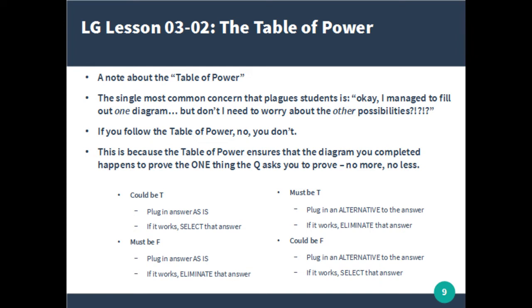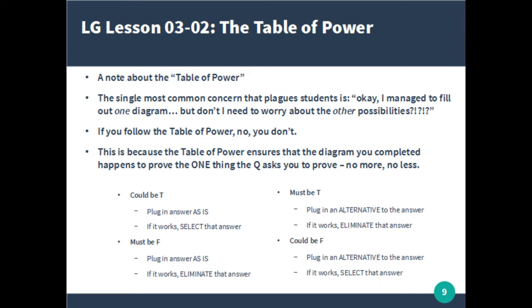Is there another possibility that I need to try? But anytime you manage to complete a diagram using the table of power, which is going to be the case the vast majority of the time, like I would say, 99% literally, once you've managed to complete a diagram and you have followed the dictates of the table of power, you're going to end up right where you need to be. You don't need to worry about anything else because your efforts have been properly directed at proving the proper thing.